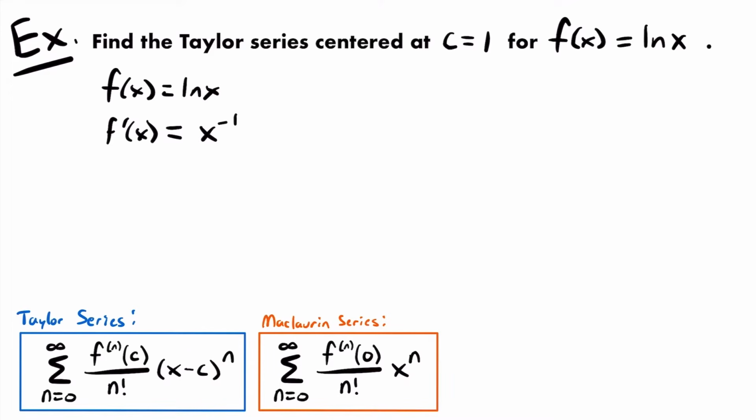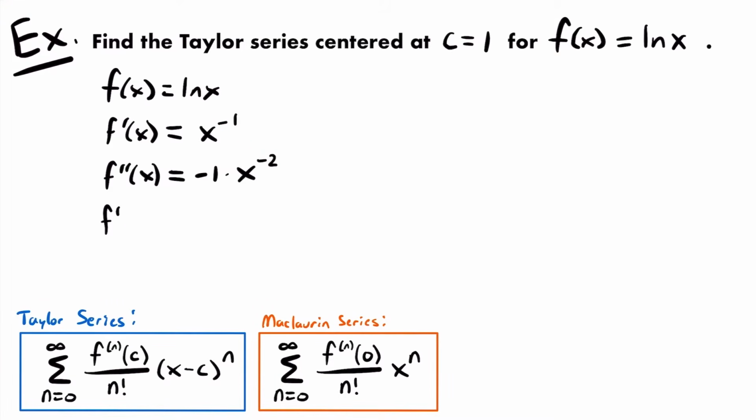Then the second derivative of our function, f double prime of x, is equal to the derivative of x to the power of negative 1. We can use the power rule for derivatives here: multiply the exponent down and then subtract 1 from that exponent. So we get negative 1 times x to the power of negative 2, because negative 1 minus 1 is negative 2.